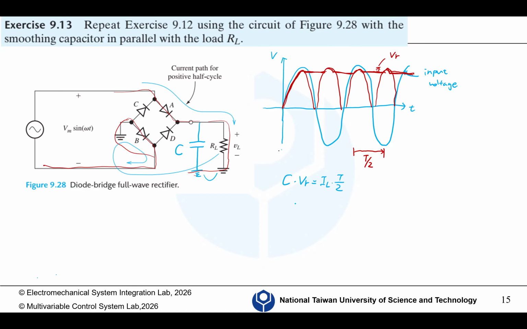So which means C equals IL times T divided by 2VR, which is 0.1 times 1 over 60 divided by 2 times 0.4, which is 2083.5 microfarads.